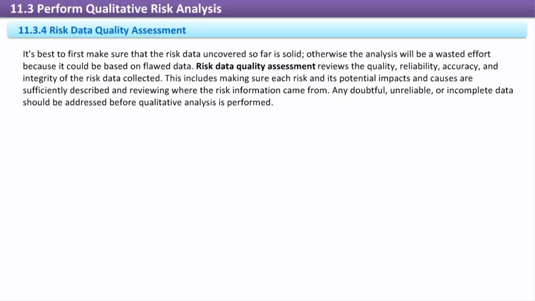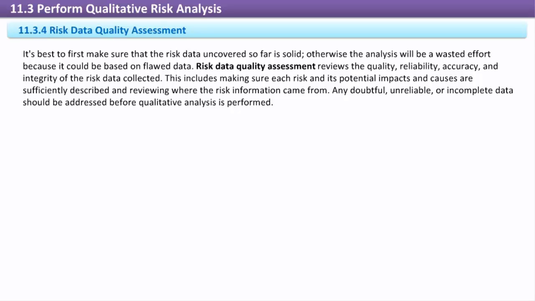Risk data quality assessment reviews the quality, reliability, accuracy, and integrity of the risk data collected. This includes making sure each risk and its potential impacts and causes are sufficiently described and reviewing where the risk information came from.